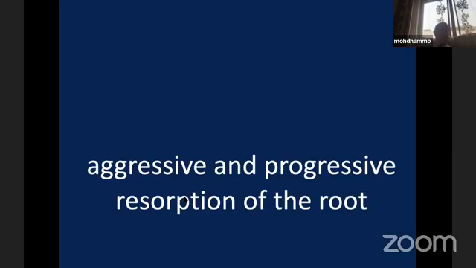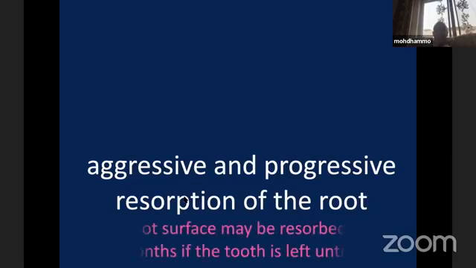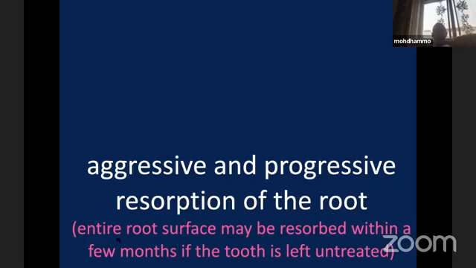Because of this, the entire root surface might be resorbed within 3 months if the tooth is left untreated. So if you have an avulsed or luxated tooth and you replanted it or fixed it, you have a probability of having resorption immediately after 1 week histologically and 2 to 4 weeks radiographically.